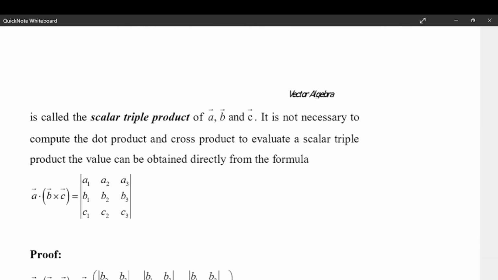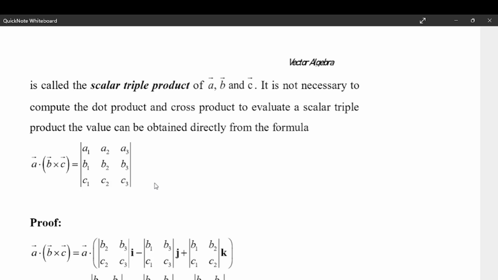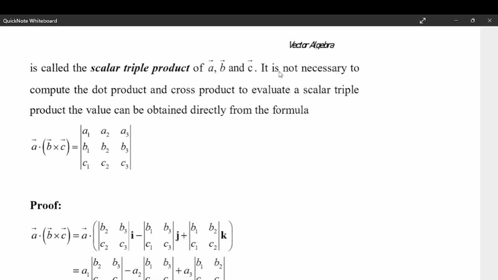So this is called a scalar triple product of A, B, and C.